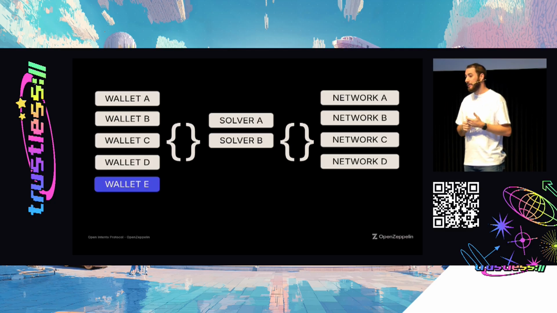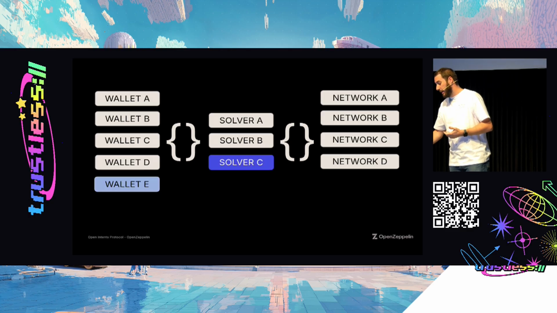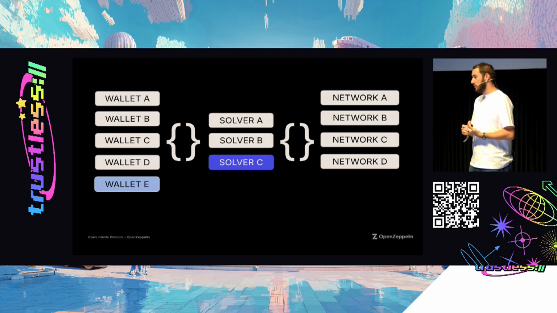Now, if we have a new wallet, this wallet is automatically able to interact with every single piece across the stack because of the common APIs and modules. If a new protocol wants to run a solver and provide liquidity, it's also very easy for them to just get running and get exposure to all of the wallets straight away.